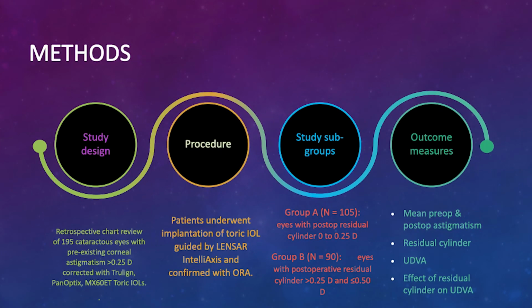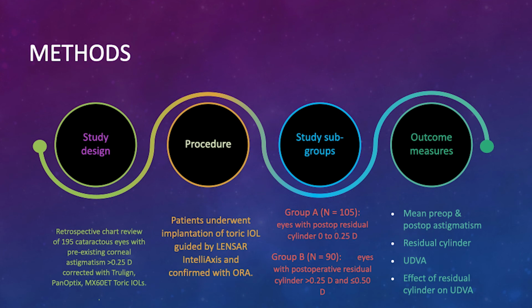It was a retrospective chart review of 195 patients with pre-existing corneal astigmatism of greater than a quarter, corrected with either TrueLine, Panoptix, MX60 ETs, all toric IOLs. Patients underwent implantation of toric IOL guided by LENSAR IntelliAxis and confirmed with Aura. Group A, 105 patients' eyes, had residual cylinder of 0 to a quarter, and in Group B, 90 eyes had cylinder of a quarter to a half diopter.